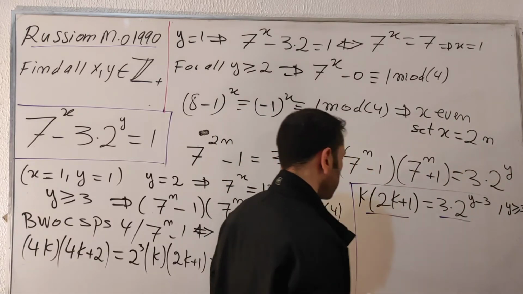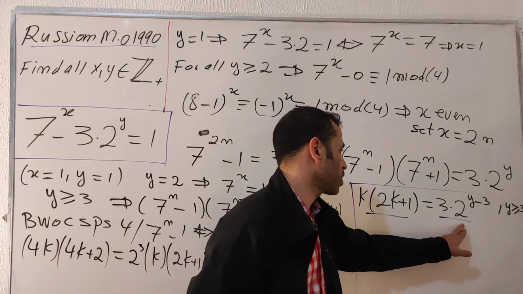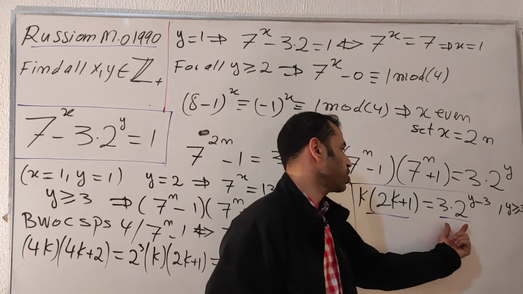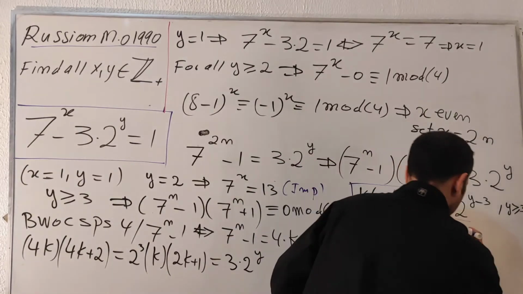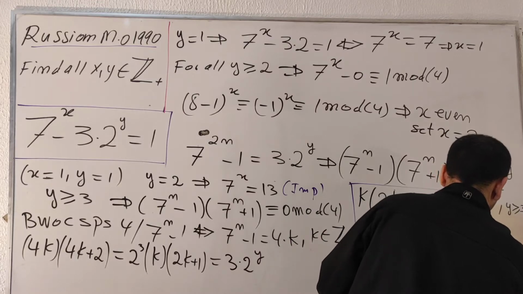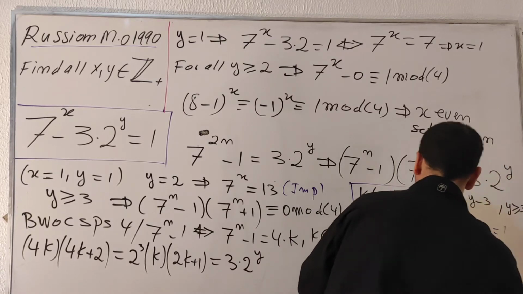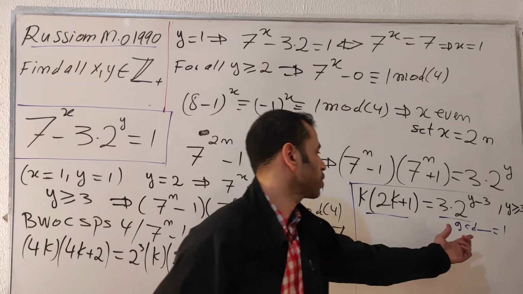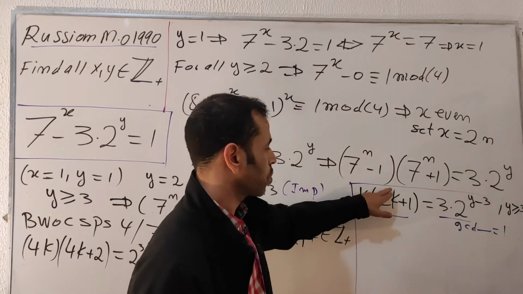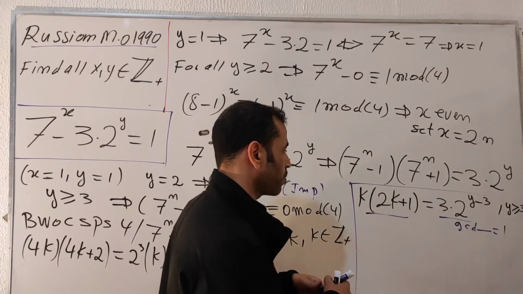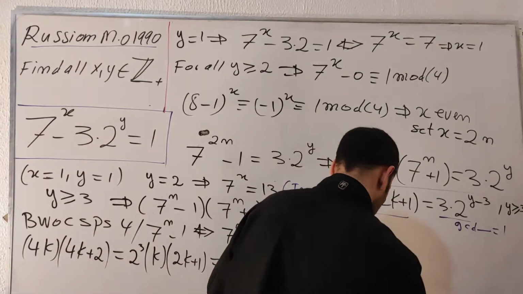If you take a look at the left-hand and right-hand side of this equation, we have the GCD of these terms equals 1. Also this one must equal 1 because of this one. And also this one is odd and this one is even, so automatically the GCD of this one equals 1.